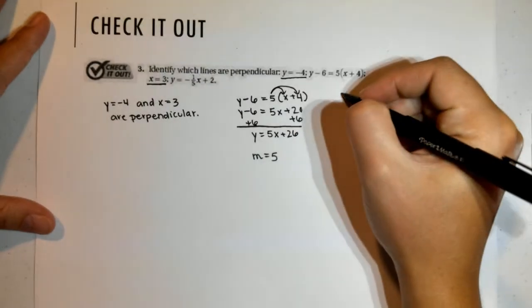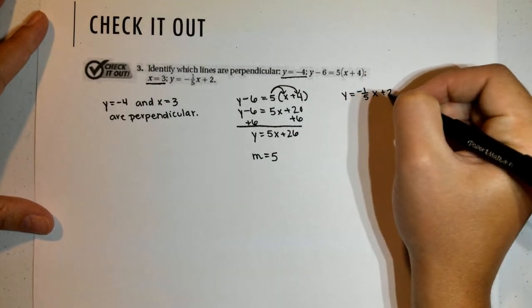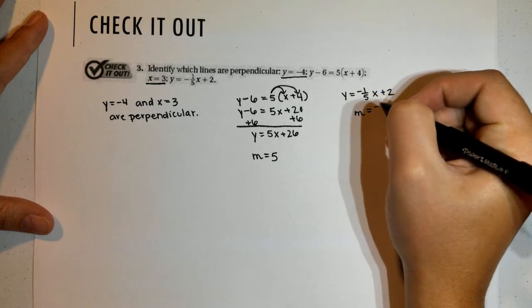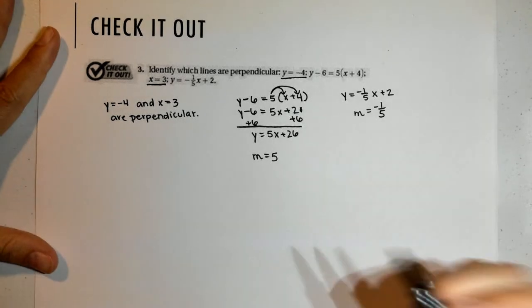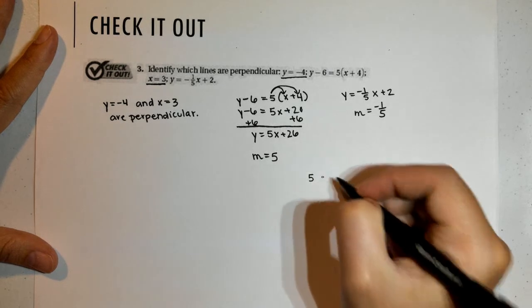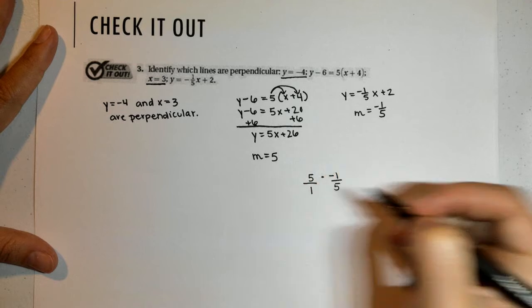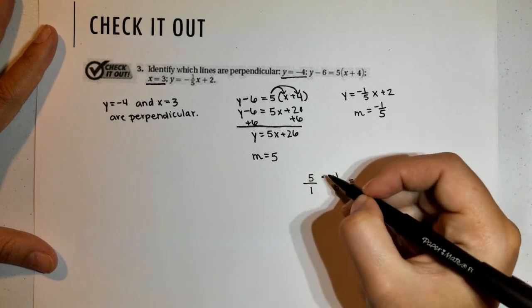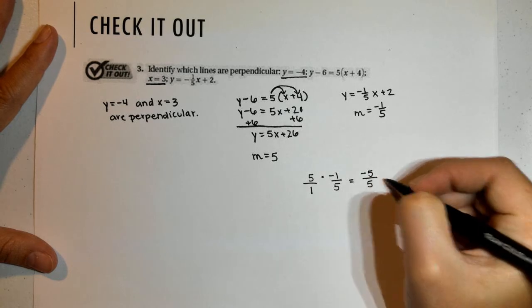And the last equation, y equals negative 1/5 x plus 2. My slope is negative 1/5. So in order to tell whether or not they're perpendicular, remember you have to multiply the two slopes together to see if you get negative 1. So I'm going to multiply 5 and negative 1/5. I'm going to write this as 5 over 1 and multiply across. So 5 times negative 1 is negative 5. 1 times 5 is 5.